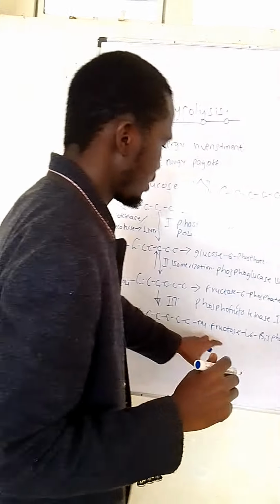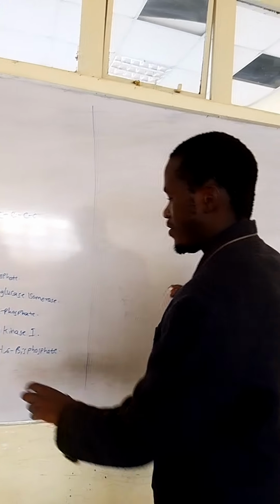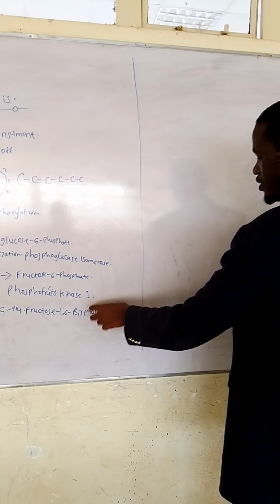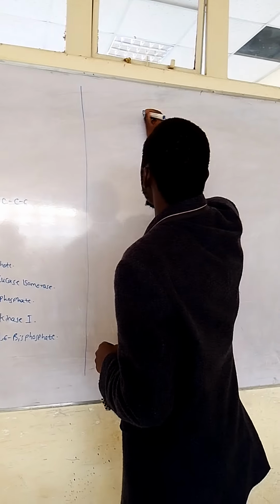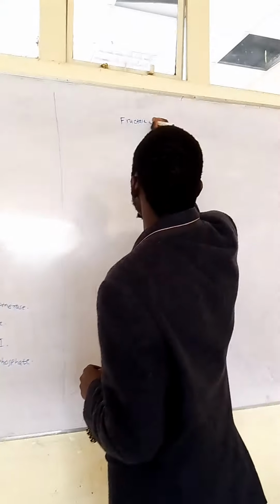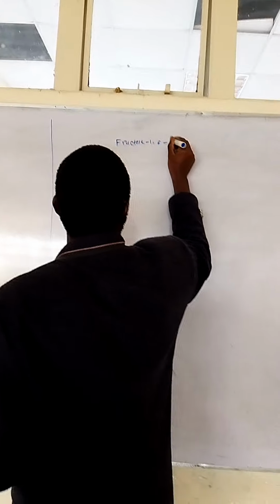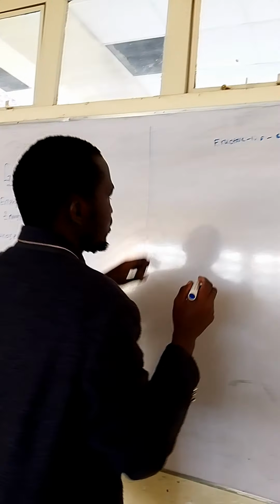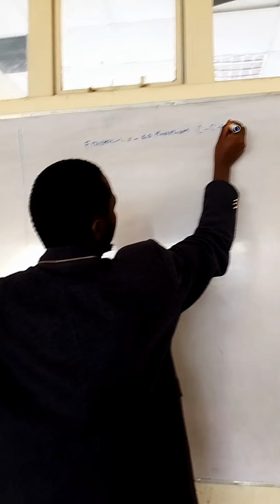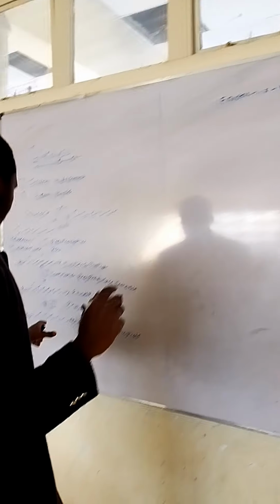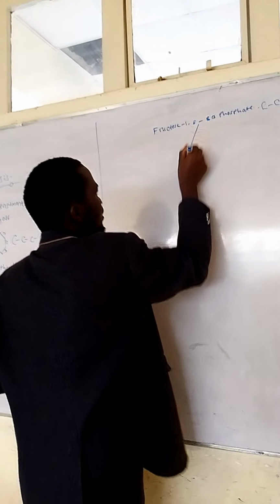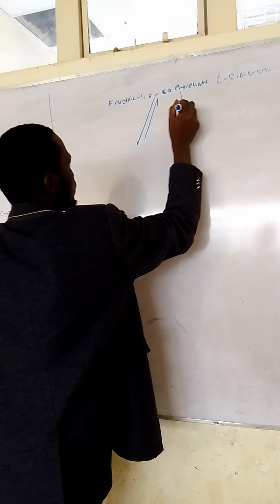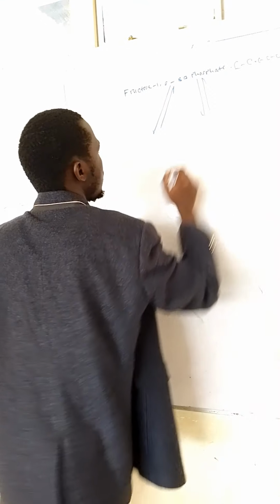So after that, this fructose 1,6-bisphosphate, 1, 2, 3, 4, 5, 6, is split into two.